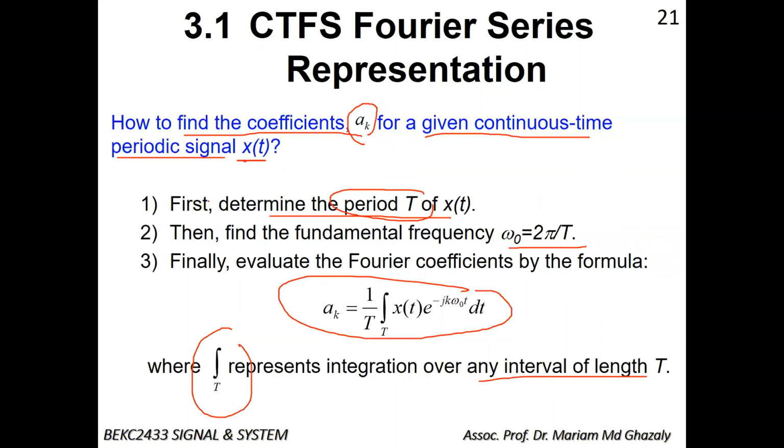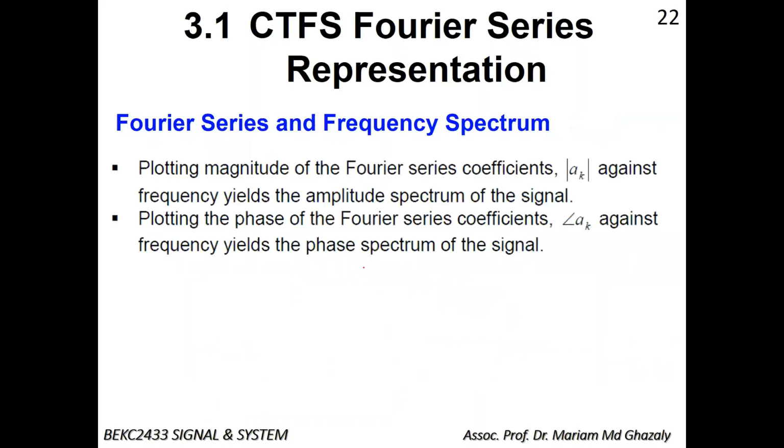After calculating the value of a_k, the next step is plotting the magnitude of the Fourier series coefficient a_k against frequency, and also plotting the phase of a_k against frequency, yielding the phase spectrum analysis.